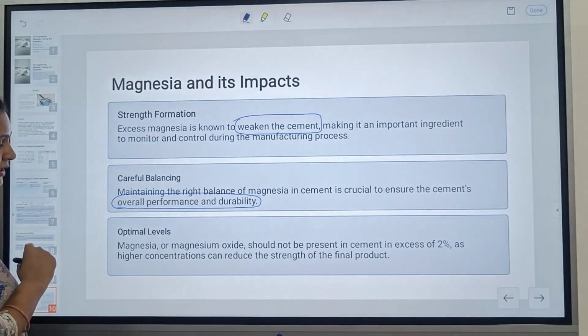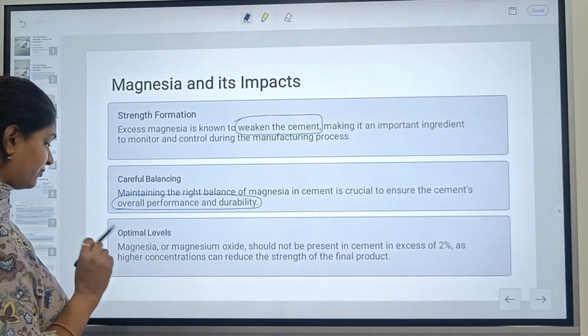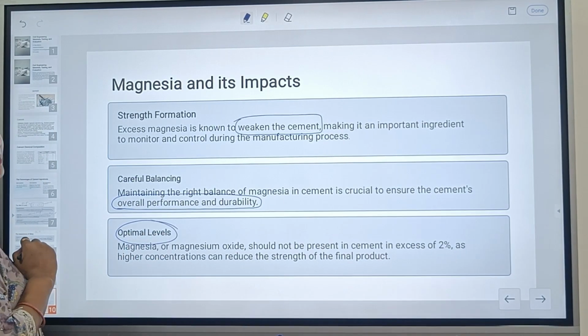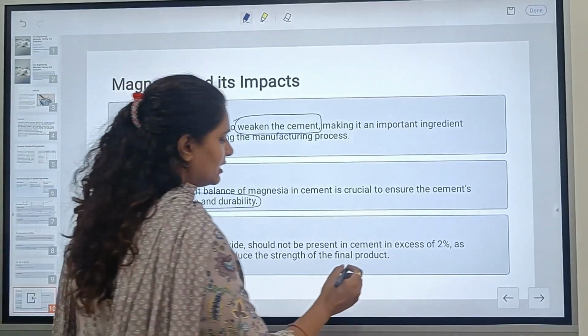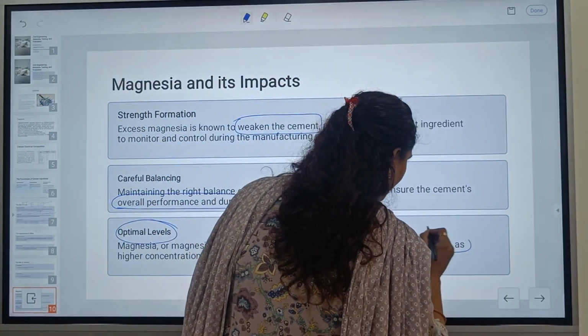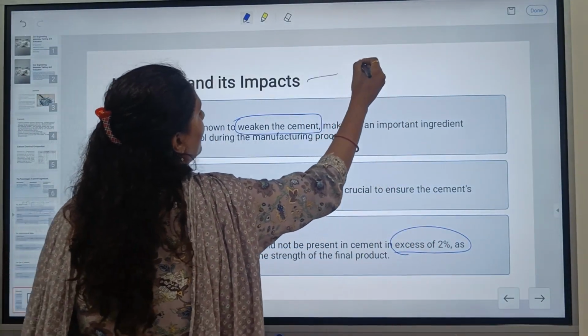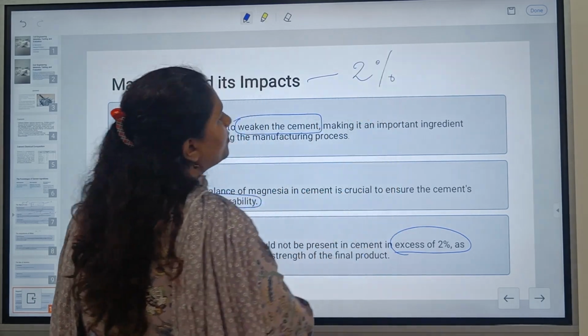Now after that we have to maintain some optimum level, which means we have to maintain some percentage for this. It should not be in excess of 2%, which means the highest limit is 2%.